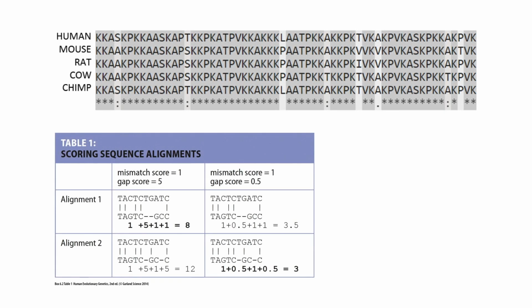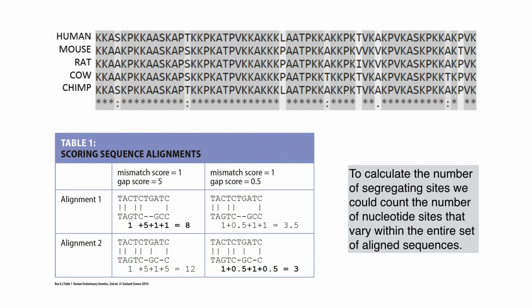The next type of descriptive statistics is the number of segregating sites. Segregating sites are positions which show differences between related genes in a sequence alignment. The proportion of segregating sites within a gene is an important statistic in population genetics, since it can be used to estimate mutation rates.